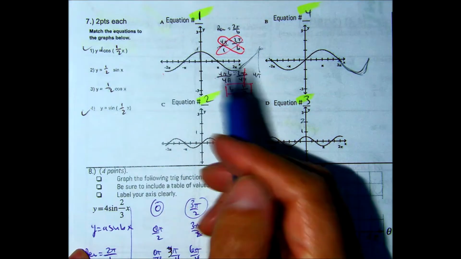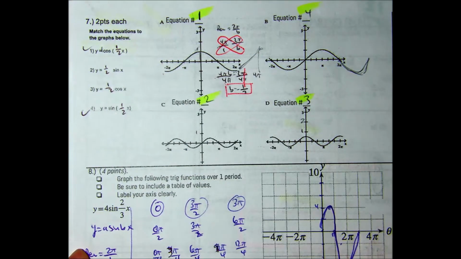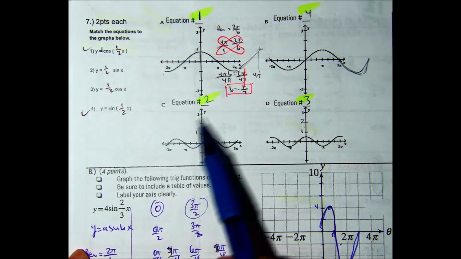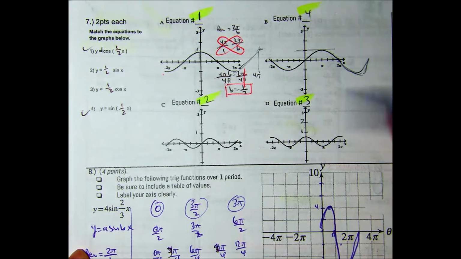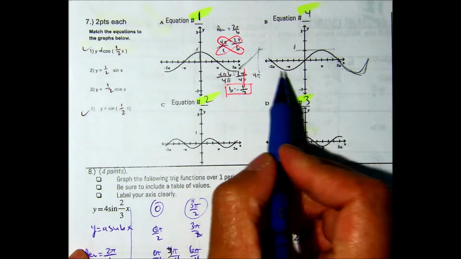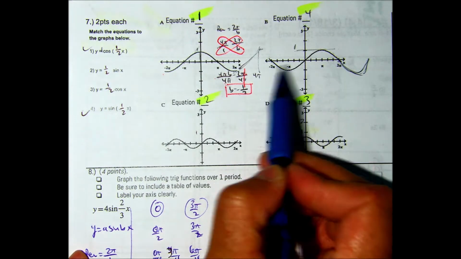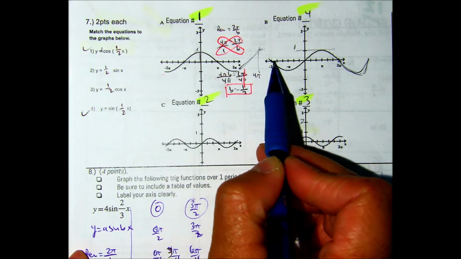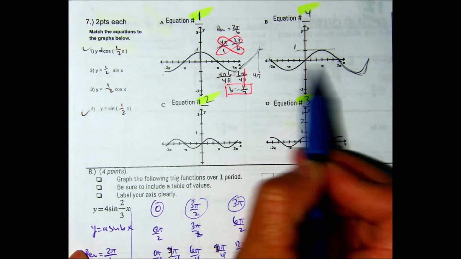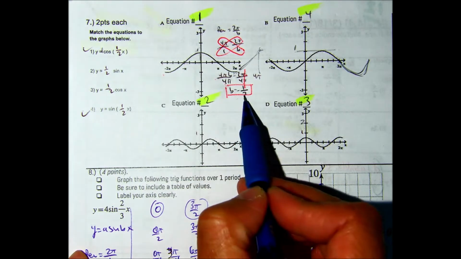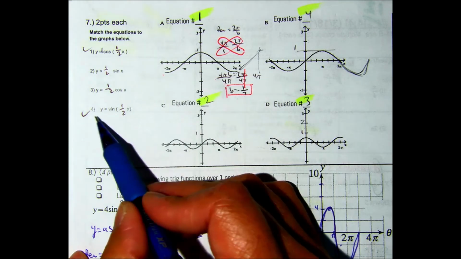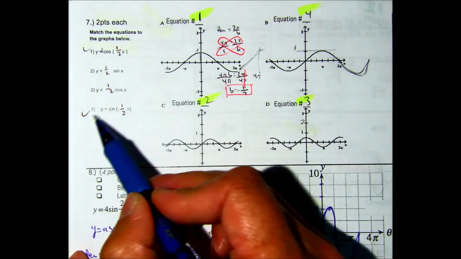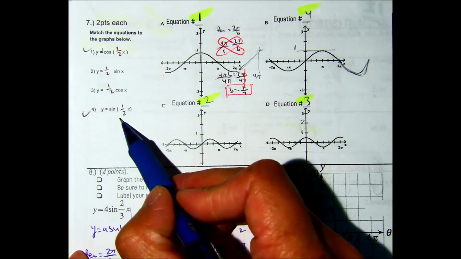If I look at my other graphs, like graph number 4, this also has an amplitude of 1. Do you see that? And it does the same thing. This looks like sine, and it goes from -2 pi to 2 pi, which means it has a period of 4 pi, and you basically do the same thing here. And then my b value is 1/2. So for this one, that'll be choice 4, equation 4. The b value is 1/2.